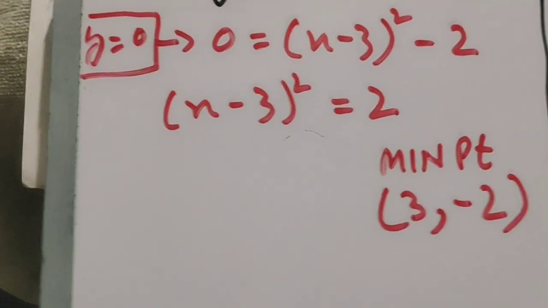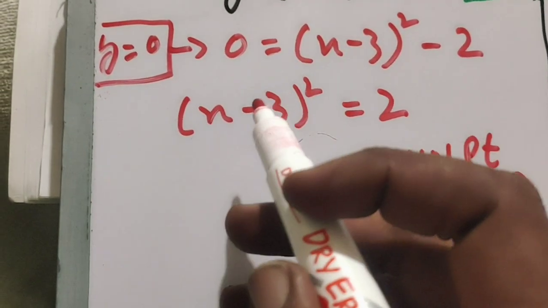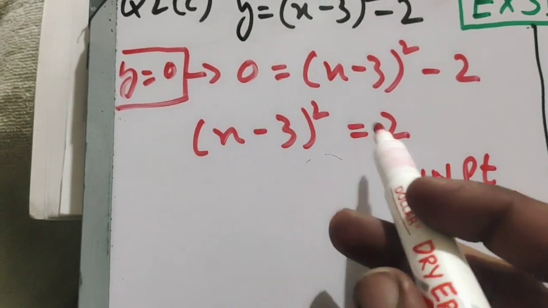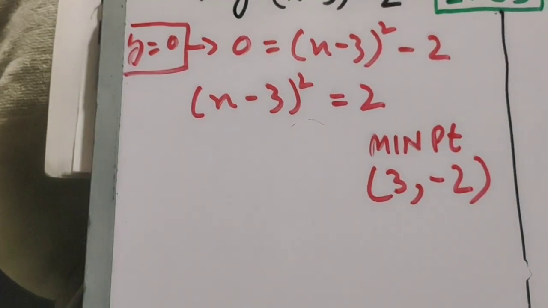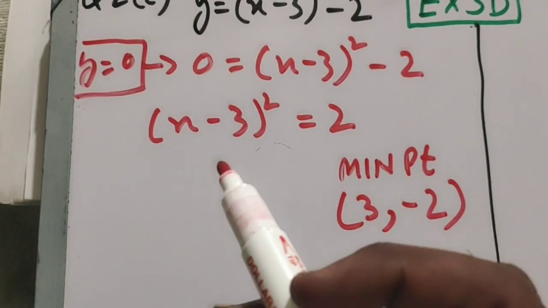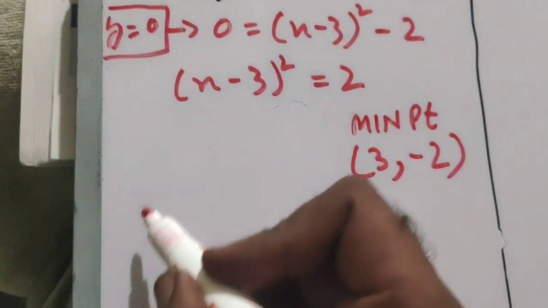Now we will take the points from this equation, where we put y is equal to 0. We will take the square root on both sides.